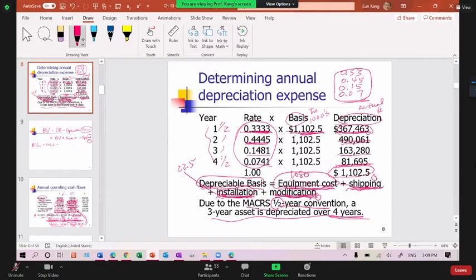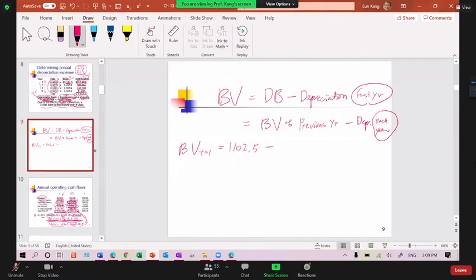So in thousands it is 367.463. There is the book value after the first year, right?